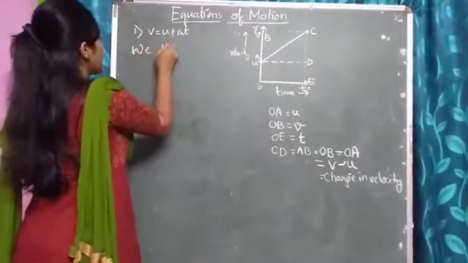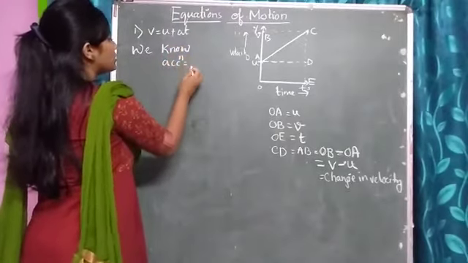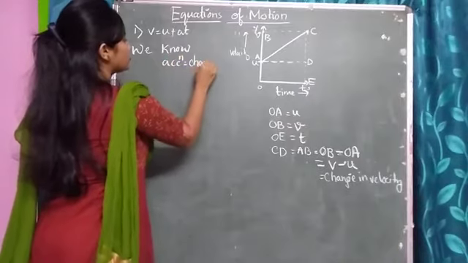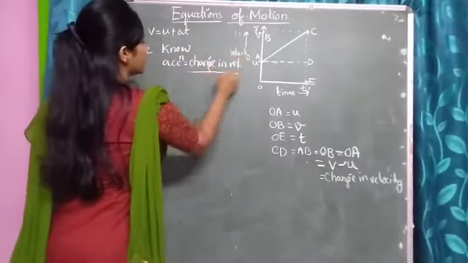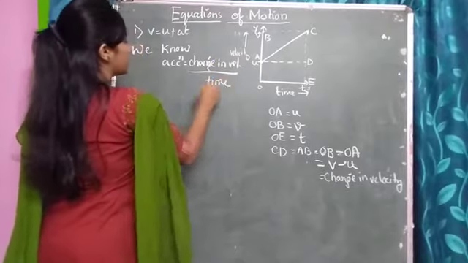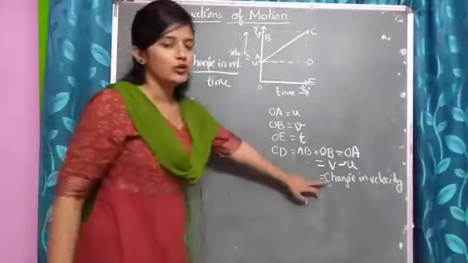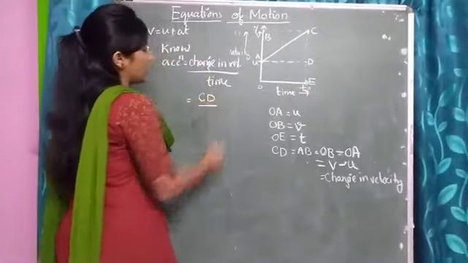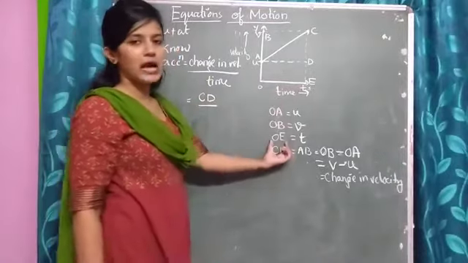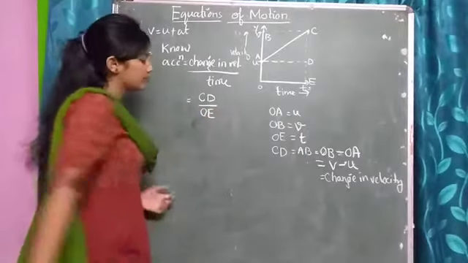What we know is that acceleration is the ratio of change in velocity divided by time. Change in velocity is CD, and for time I can write OE.